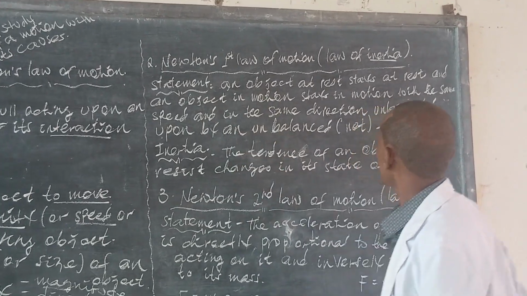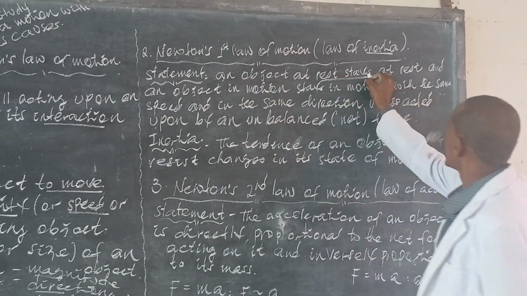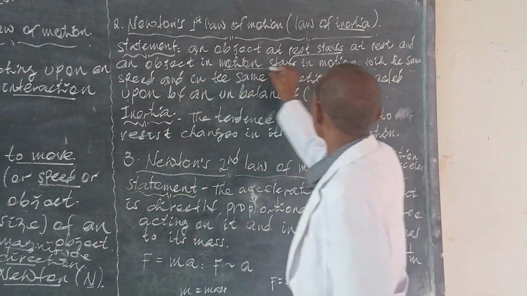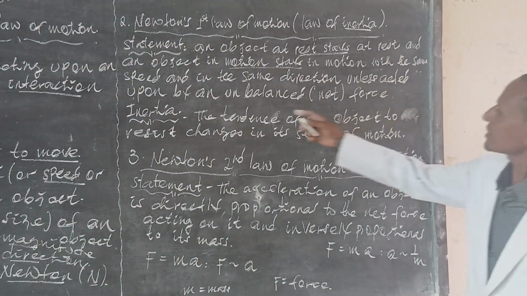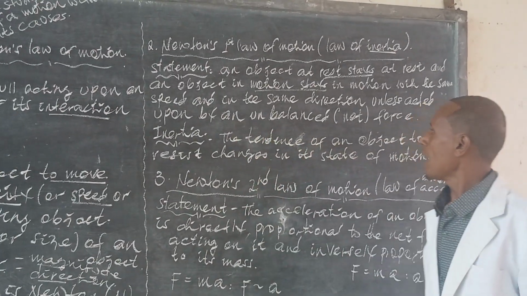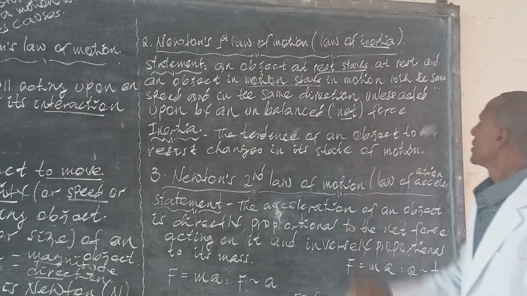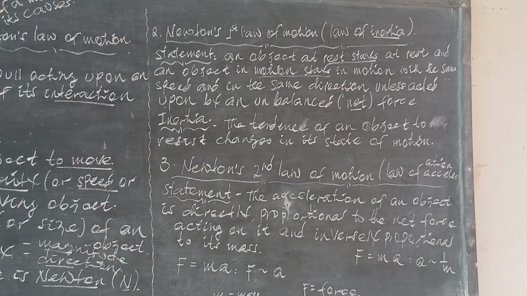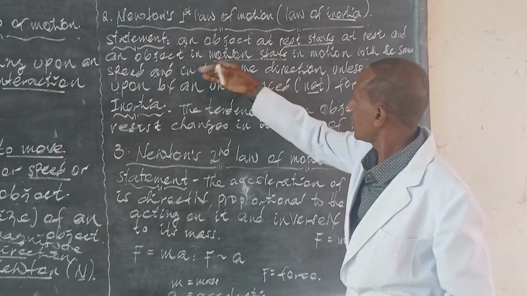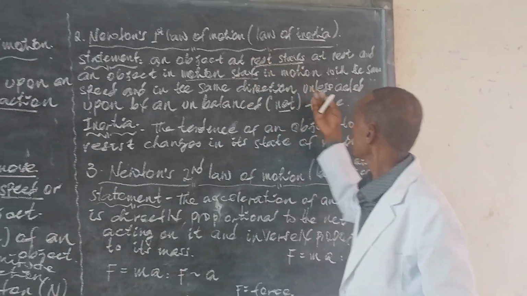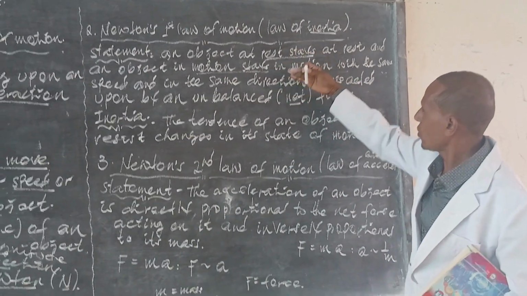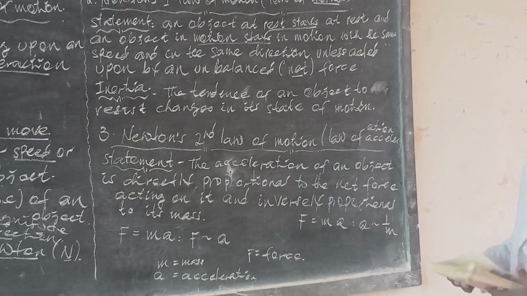The statement is: an object at rest stays at rest, and an object in motion stays in motion with the same speed in the same direction unless acted upon by an unbalanced force, or net force. From this, if the object is at rest or in motion, unless acted upon by an external force, it stays stationary or moves with the same speed in the same direction.